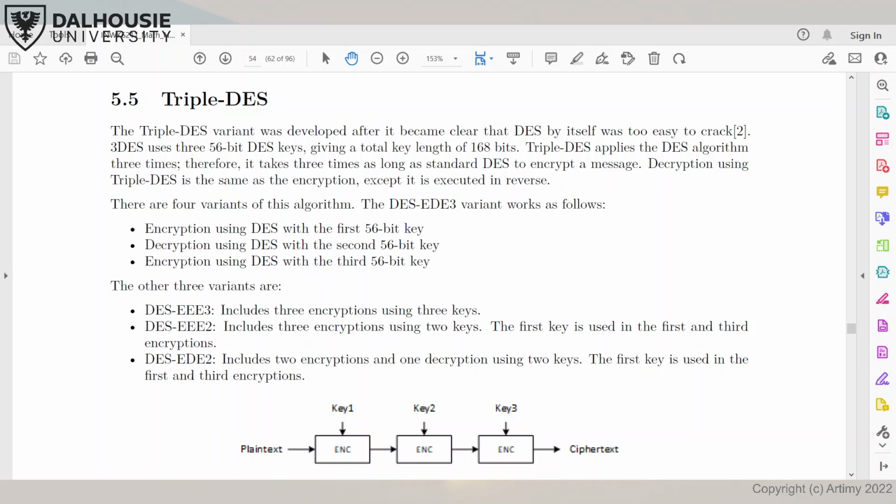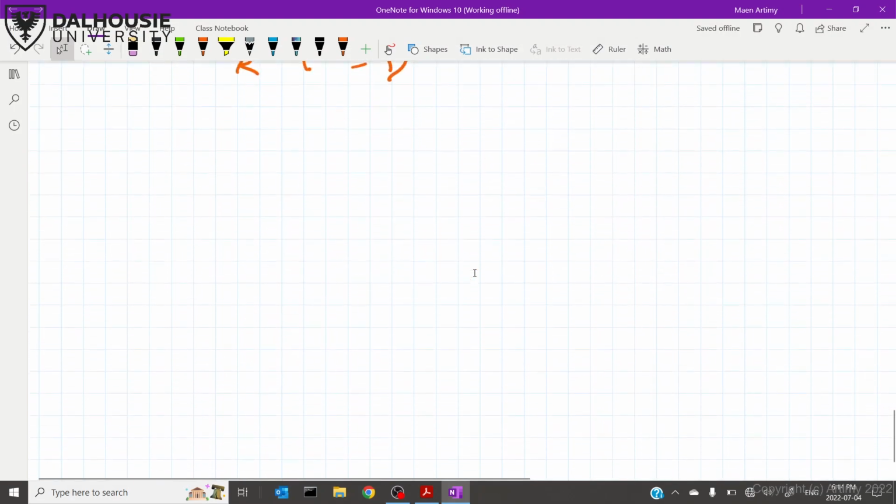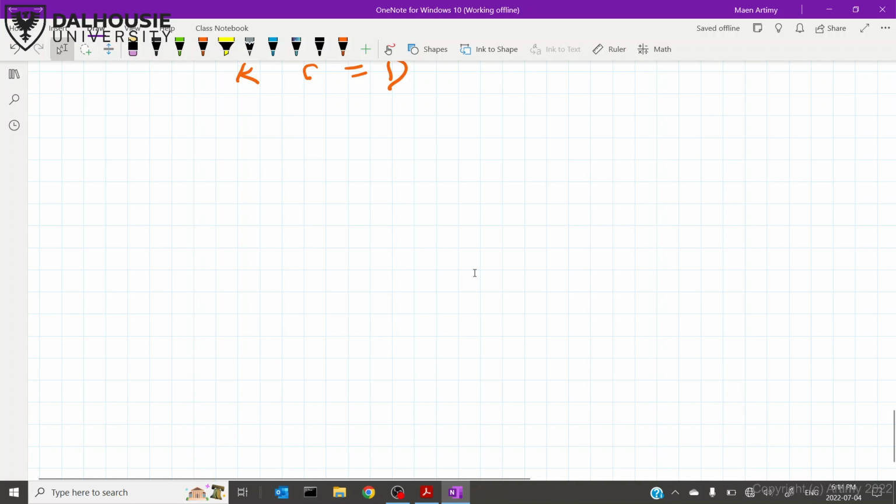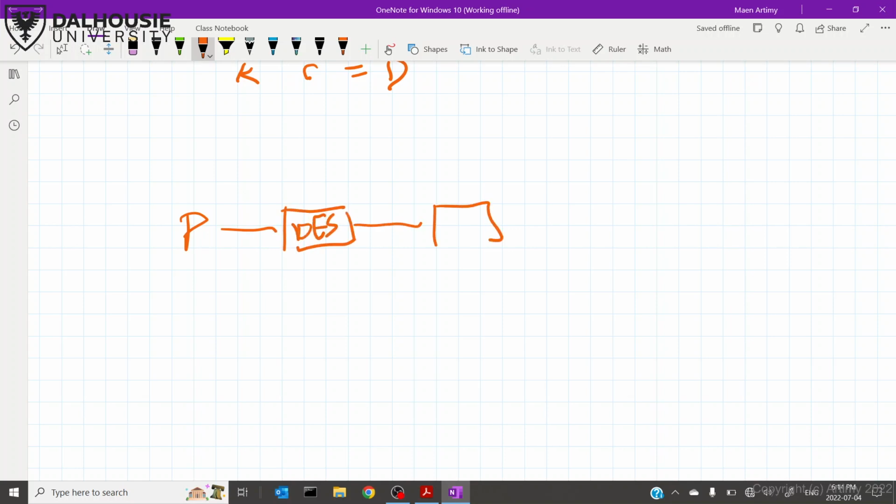So one of the enhancements was to create 3DES, which simply means that we take the plain text and pass it through DES once, then we pass it through DES again, then we pass it through the algorithm one more time, and then this is our ciphertext.